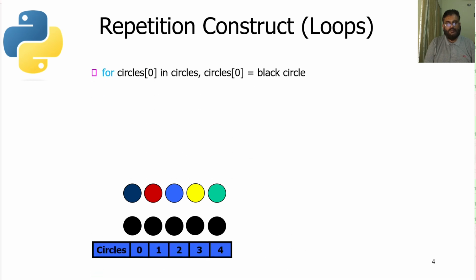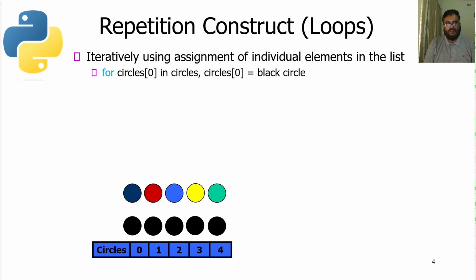We can do it in different ways. For example, if I have a list of circles which varies from index 0 to index 4, and now I want to replace each colored circle with a black circle. One way is that I start accessing the indices, and for each index I replace the color with a black circle.